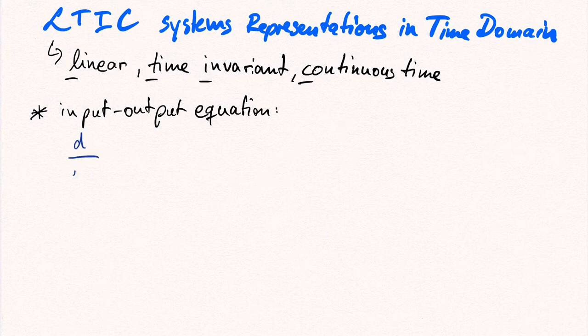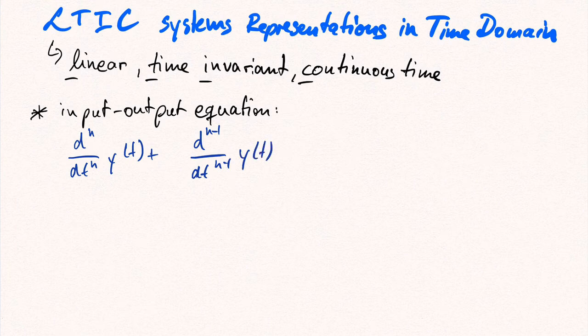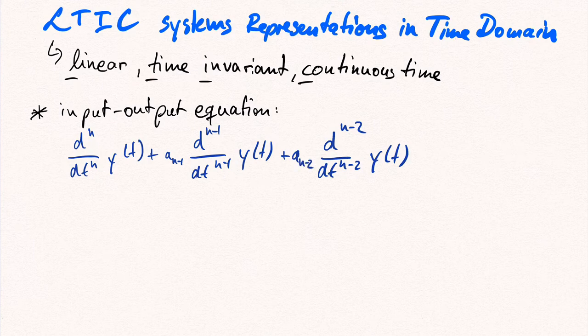This is the nth derivative of the output signal y(t), plus the (n-1)th derivative of y(t) weighted by factor a_{n-1}, plus the next derivative of the output y(t) weighted by factor a_{n-2}, and so on, up until the output y(t) weighted with factor a_0.